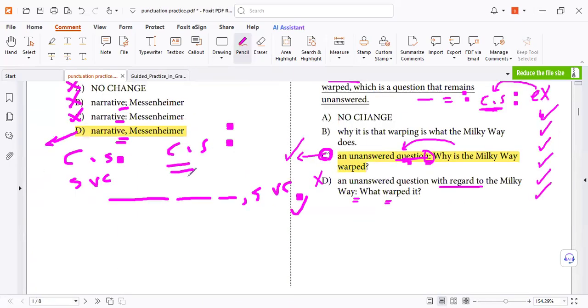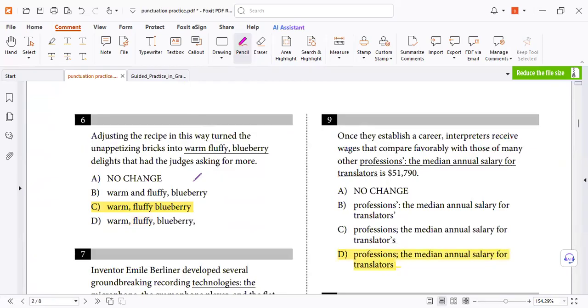Now, we practice. Any questions? Okay. But this is a question about punctuation in general. It's not only about clauses, but it's correct what you have done. Here, why is C correct? Because in English, adjective, and then adjective, and then noun.